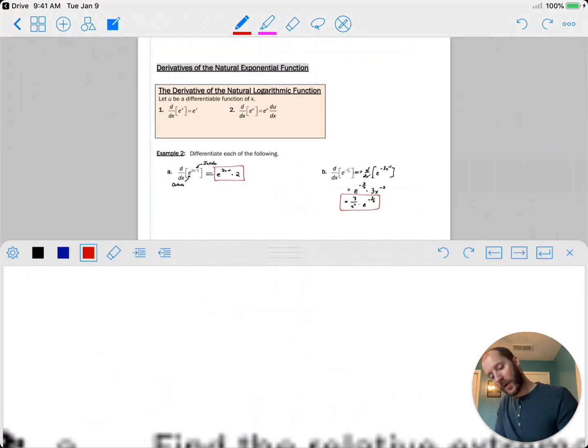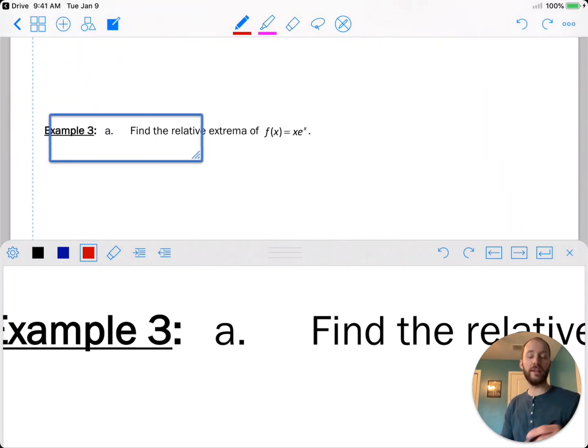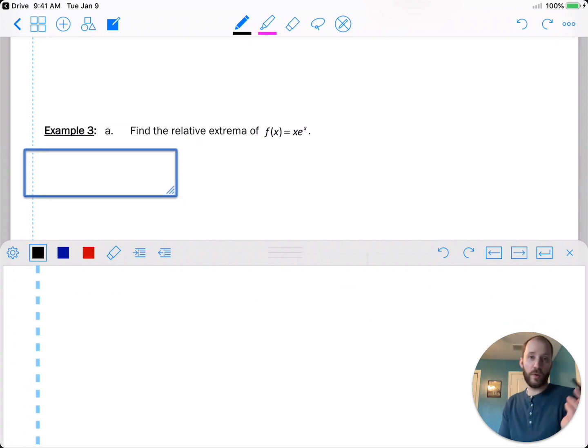So they may want you to find relative extrema. Same type of process, okay? As before, finding relative extrema, take the derivative, set the derivative equal to 0, then use those critical numbers. But now you have e in the problem.